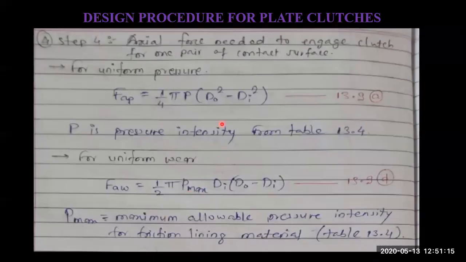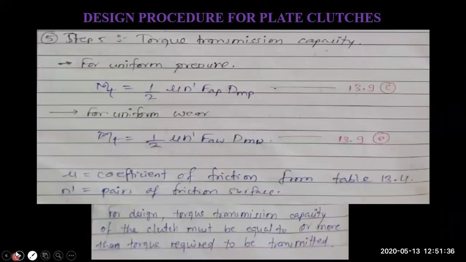That is the p max; extract the value. This is also p max. Extract that value and put it there. So this p is small p, which is pressure, not capital P, power. You just need to take small p here. Intensity is from the same table, 13.4. So this is depending on two, you don't need to do both, only one.